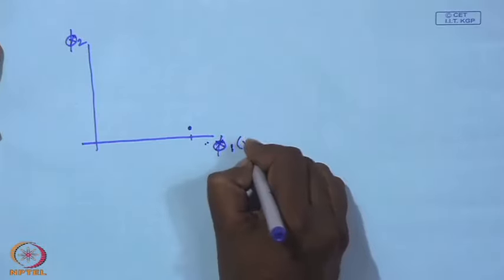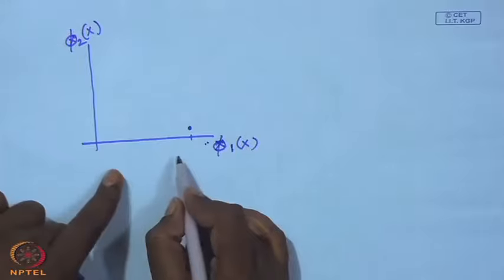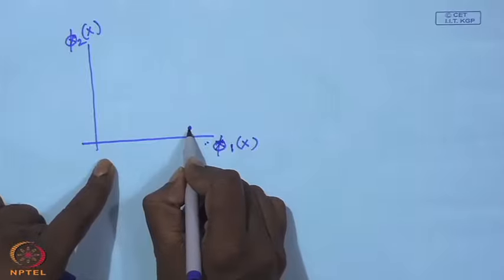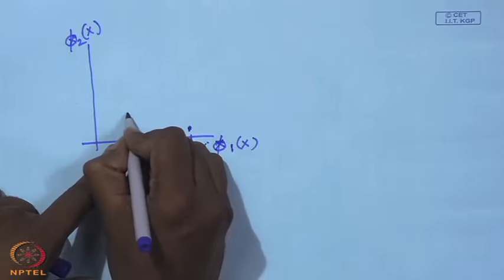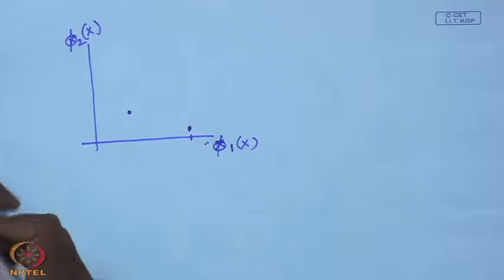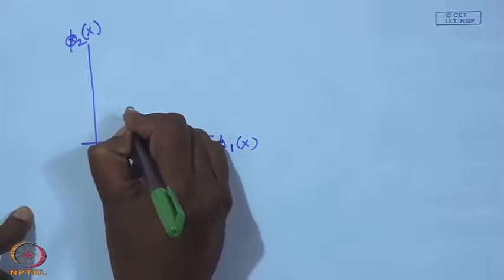So, this is phi 1 of x, this is phi 2 of x. So, 0 0 has been mapped to 1 0.1, 0 1 has been mapped to 0.4 0.4 which will be somewhere over here, 1 0 is also mapped to 0.4 0.4, it is the same point.